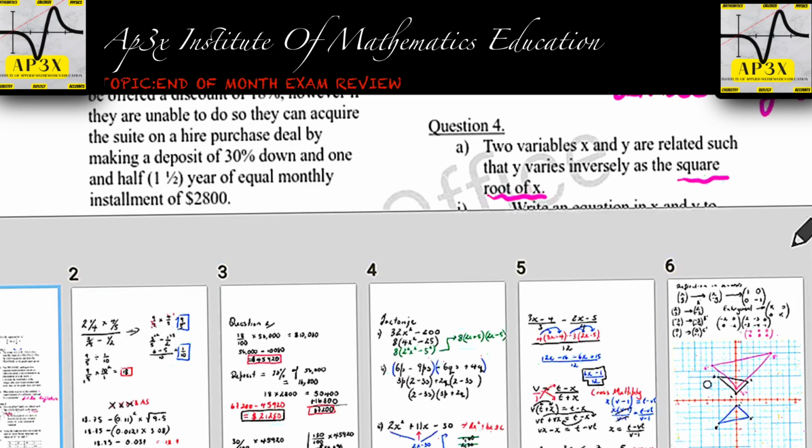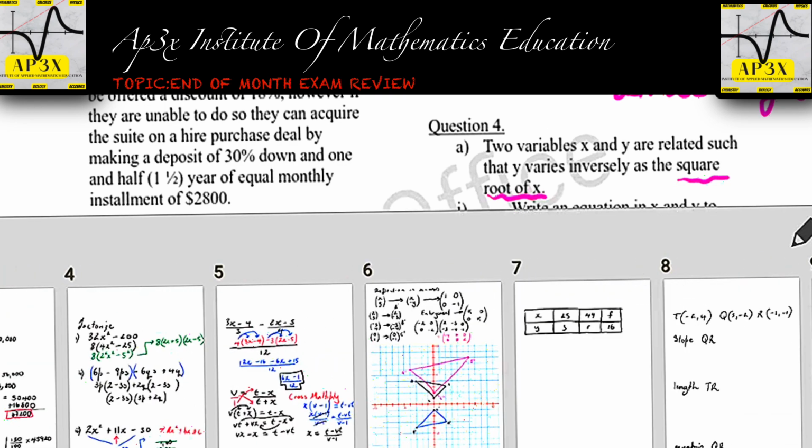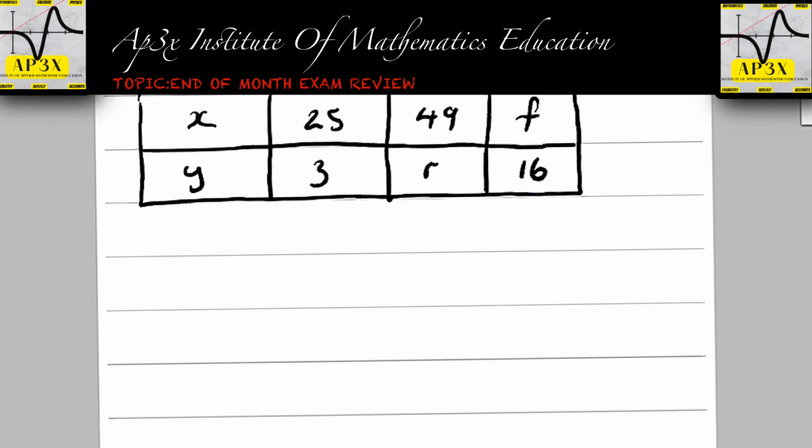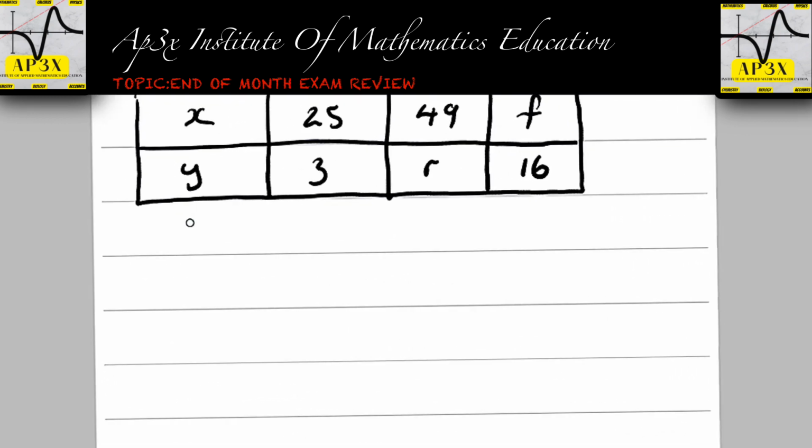So let's get onto that. Here's the table that I've redrawn for us. We are seeing here that y varies inversely as the square root of x. Let us first write down the very basic form of inverse variation, and we know that the very first form is y is equal to k divided by x.